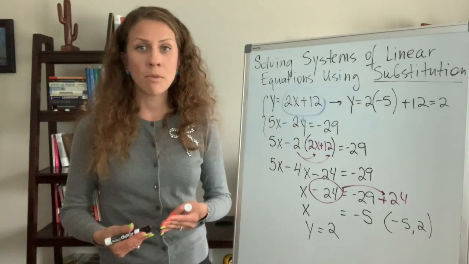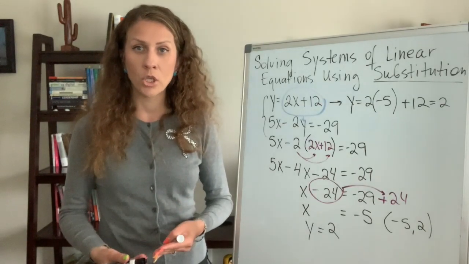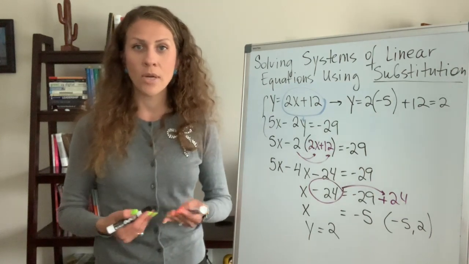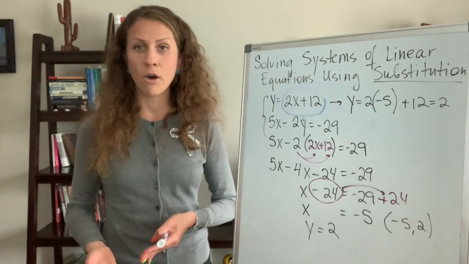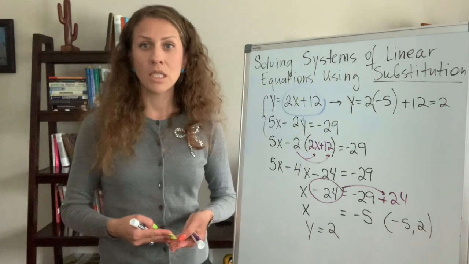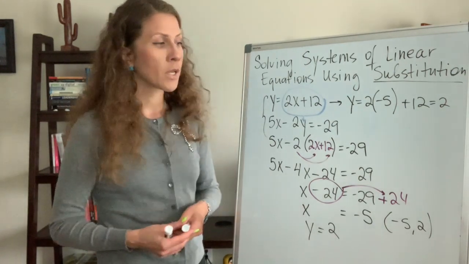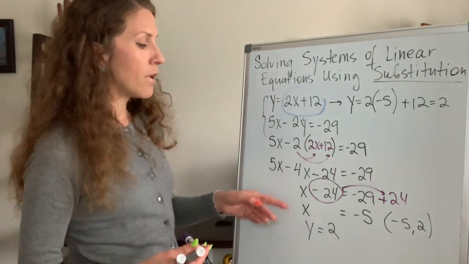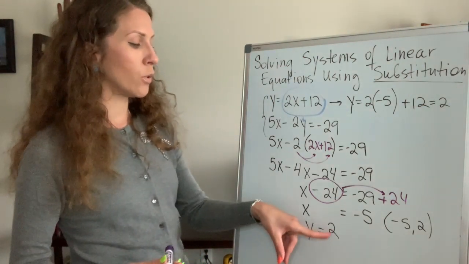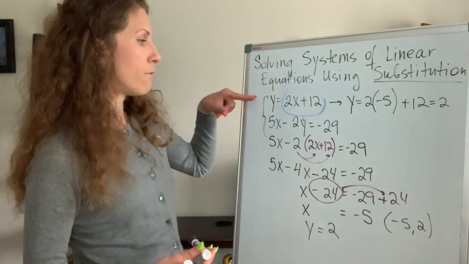You should always keep in mind that with systems, you need to check your work, meaning you need to take your x and your y that you just found, plug them back into the original system, into both of the equations, and see if these values work. So let's see if x equals -5 and y equals 2 satisfies the first equation.